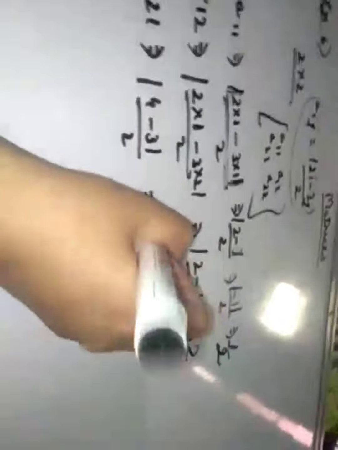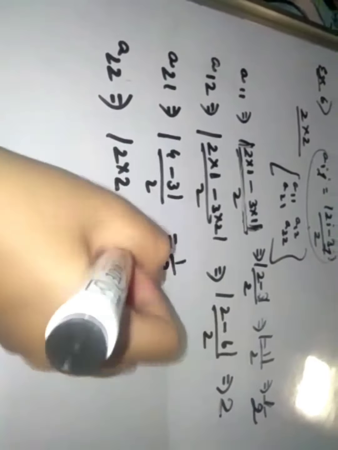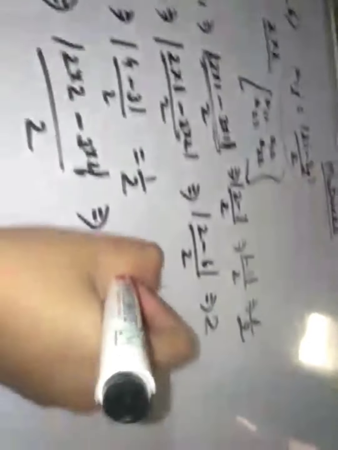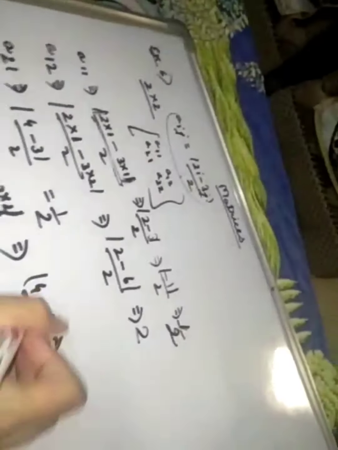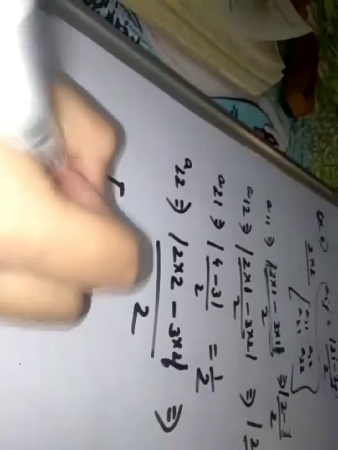Then a12: 2 into 1 minus 3 into 2 upon 2, which is 2 minus 6 by 2, equals 2. a21: 4 minus 3 by 2 equals 1 by 2. a22: 2 into 2 minus 3 into 2 by 2, which is 4 minus 6 by 2, minus 2 by 2, equals 1. So the matrix is 1 by 2, 2, 1 by 2, 1.